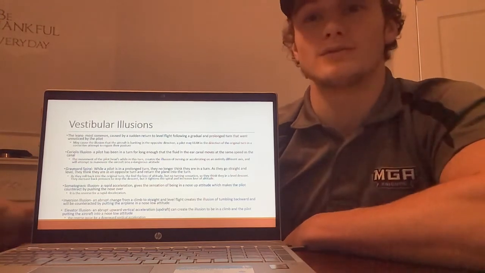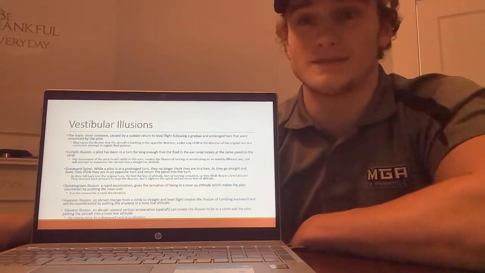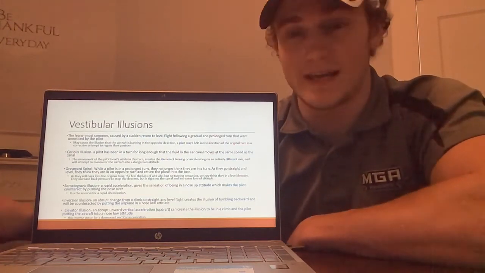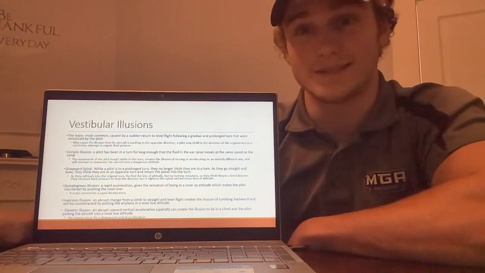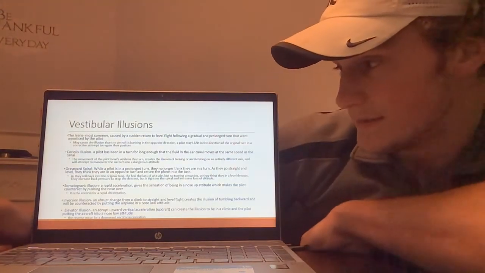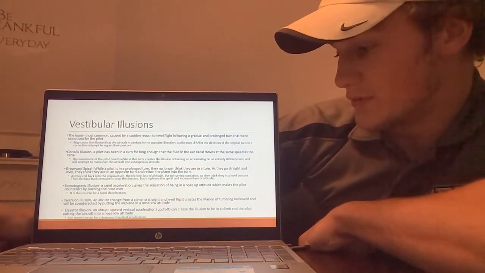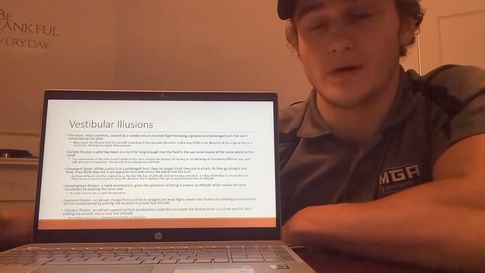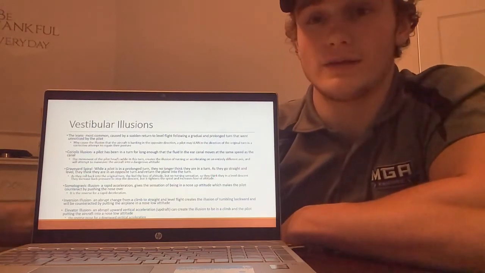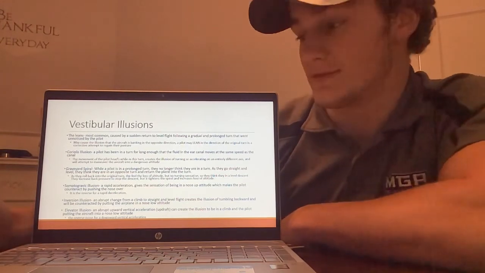The DP will drop a pencil and say, pick that up, and you're all discombobulated. That's the Coriolis illusion. It creates the illusion of turning or accelerating on an entirely different axis, so the pilot, when trying to correct for this, could put the airplane in a very dangerous attitude.